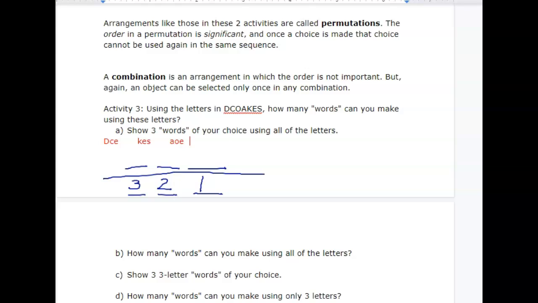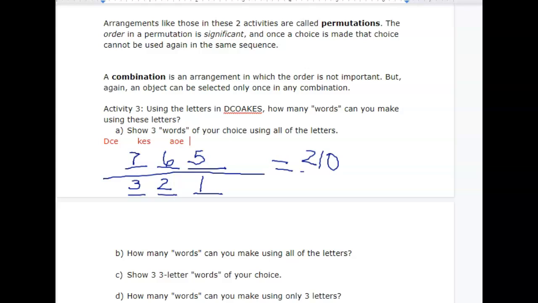What we have to start with though is 1, 2, 3, 4, 5, 6, 7 letters. So once I say, okay, pick 3 letters, you have 7 times 6 times 5. When I multiply this choice out, I have 210 choices in total.